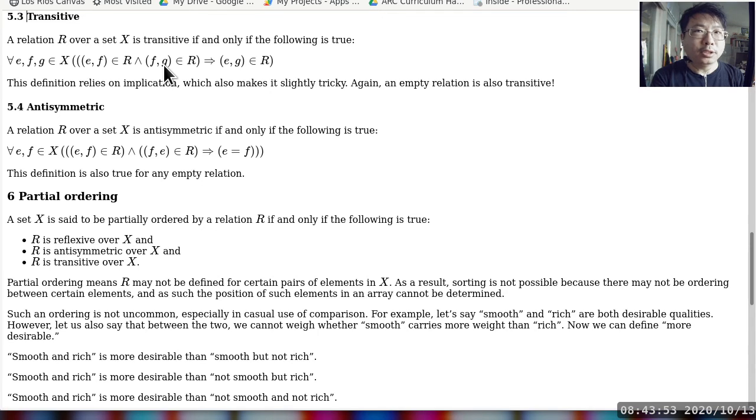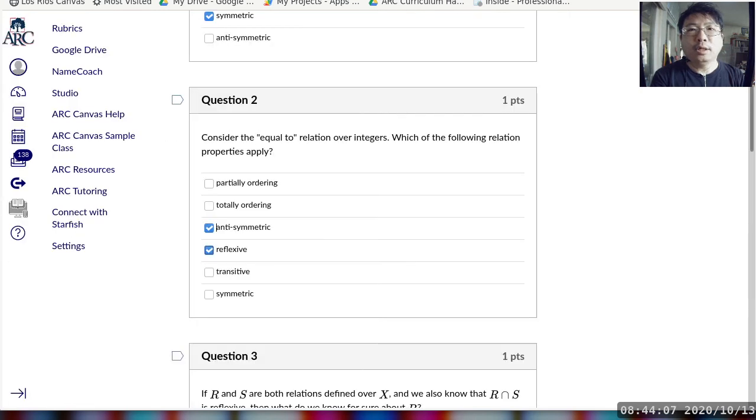That's the only time you can make the antecedent of the implication true. But that means E, F, and G are the same, so E equals G has to be true. So just by intuitively thinking about that, we also know that it is transitive. And it is also symmetric because A equals B if and only if B equals A.